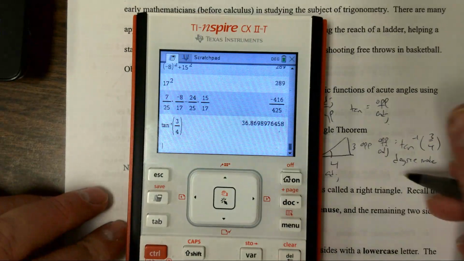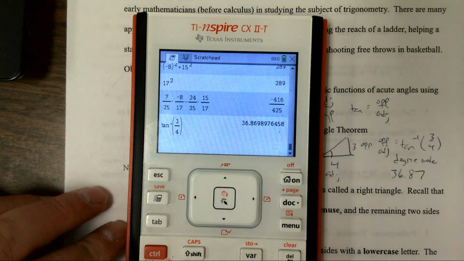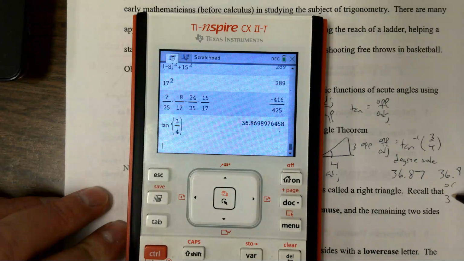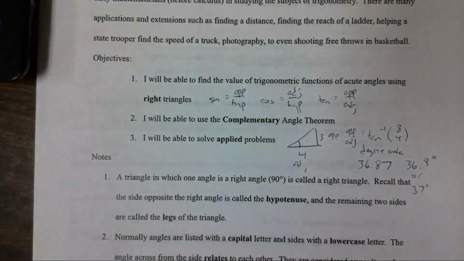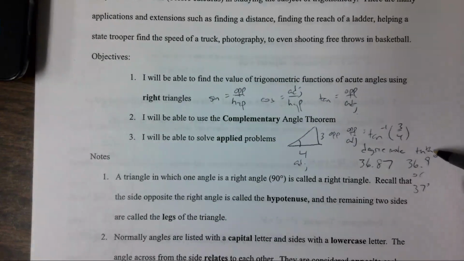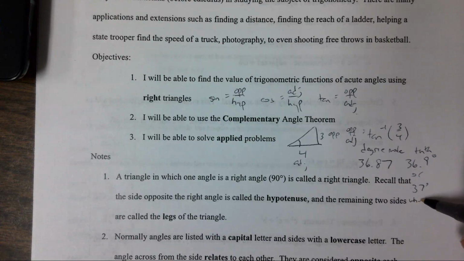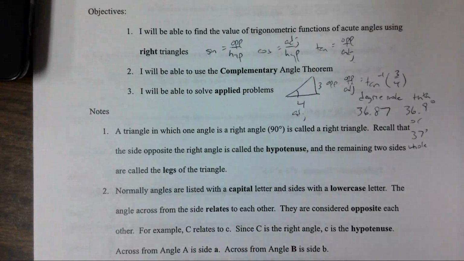That gives me 36.87. So we'd probably say 36.9 degrees or 37 degrees, because most of the time they tell you to round to the tenth. There are a few times where it says round to the whole number. So that's the idea behind it.